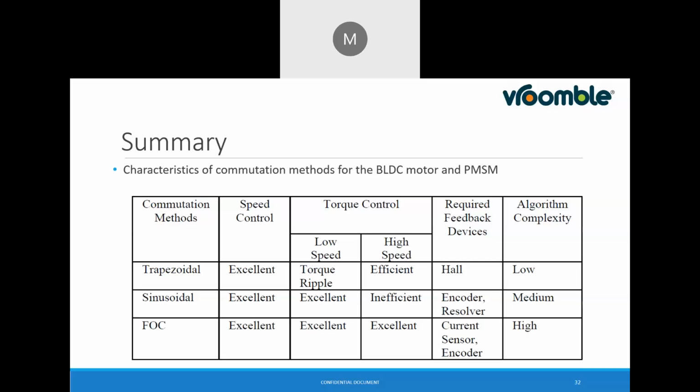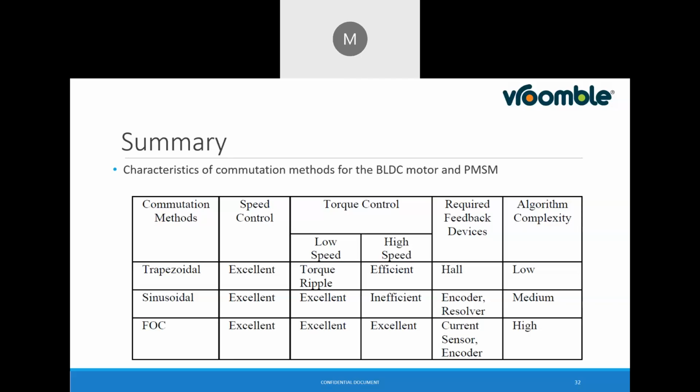However, for torque control at low and high speed, in trapezoidal you get torque ripples at low speed, and at high speed it is efficient, because once you have overcome the torque ripples or the magnetic locking which we discussed, once the rotor is in motion, the speed will be efficient, right?